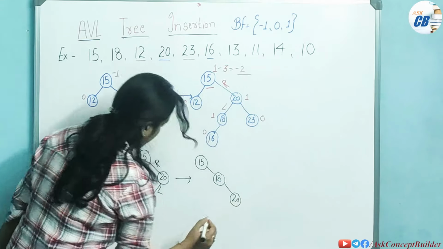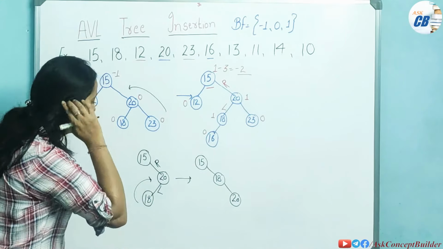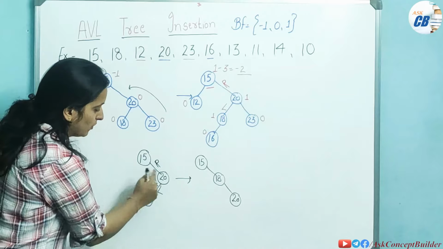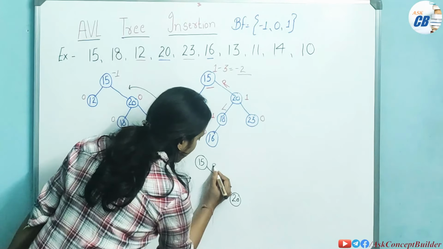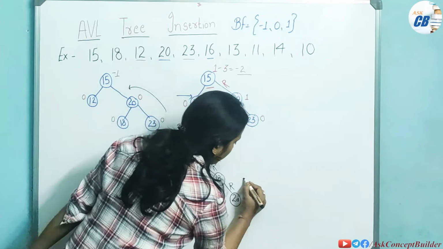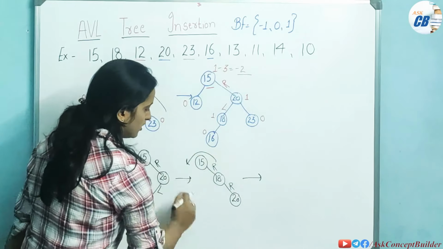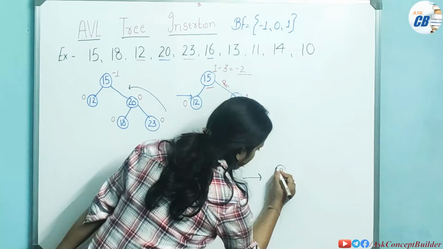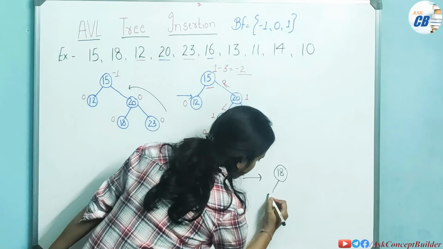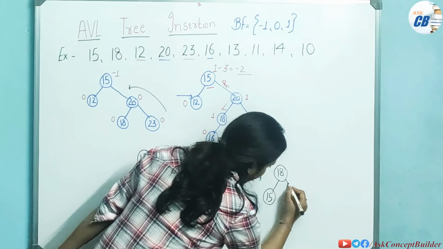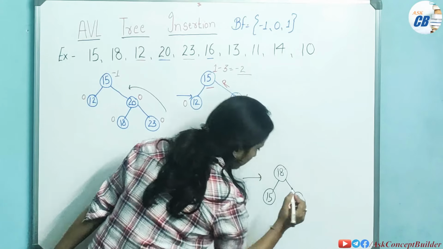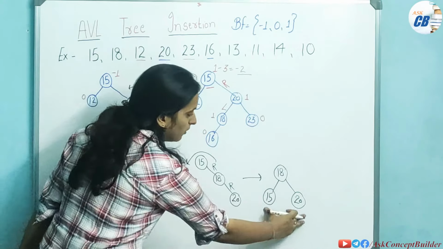In this way only these two nodes we rotate to the right, so it becomes 18, 20. Now this is your RR problem. For the RR problem you will make a left rotation. A left rotation will be this way, so this will be 18, this will be 15 and this will be 20. Fine. Now this is balanced.